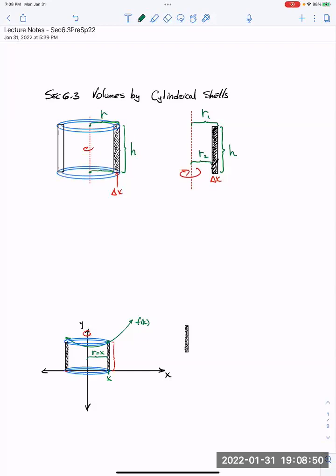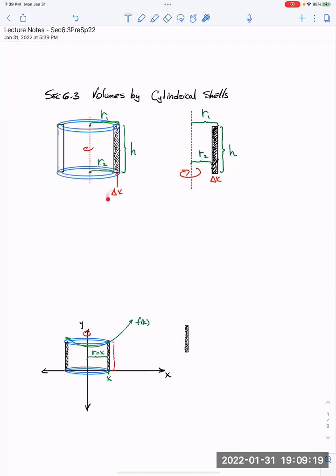So in this shell that I've drawn over here, the distance from the axis of rotation to the outer edge we're going to call R1, and the distance from the axis of rotation to the inner edge of delta x we will call R2. Now, one thing to keep in mind: the smaller you make delta x, the closer R1 gets to R2.